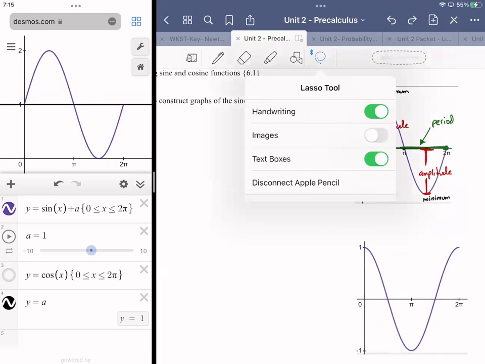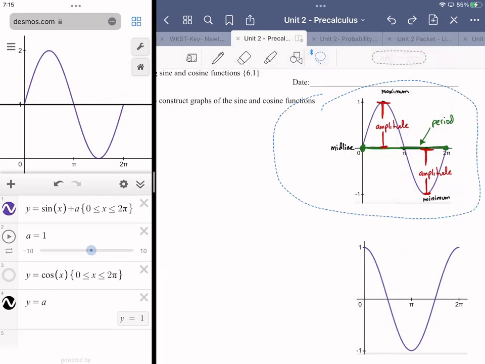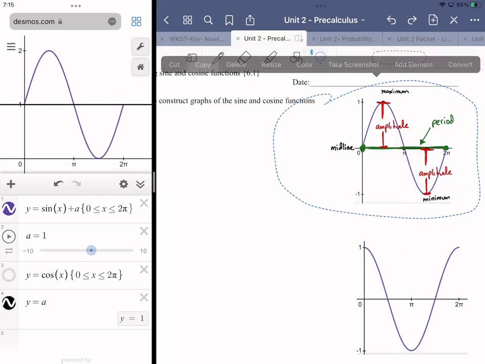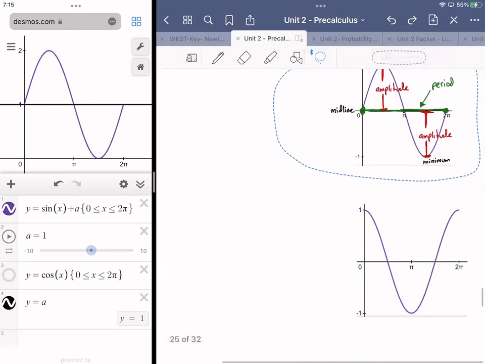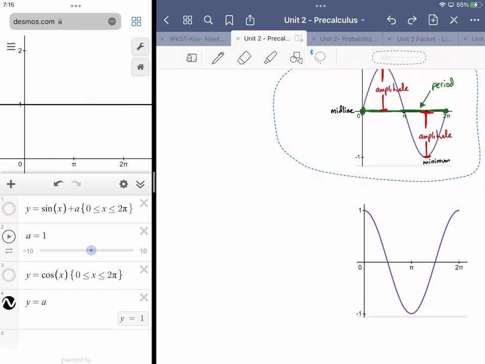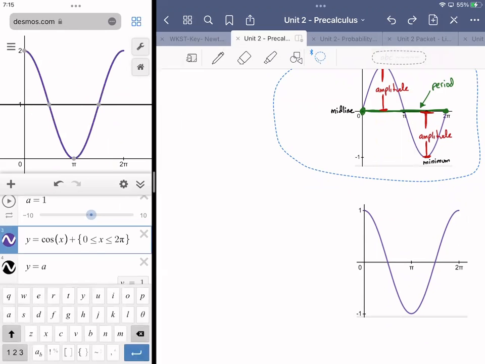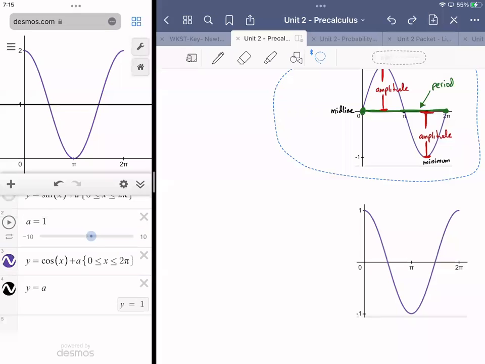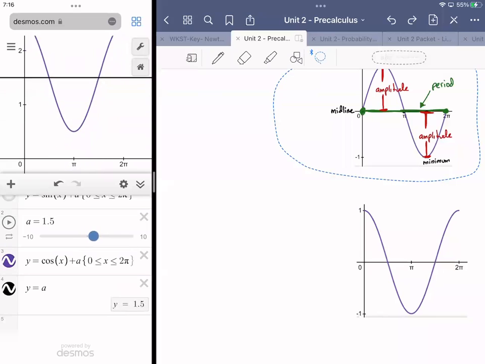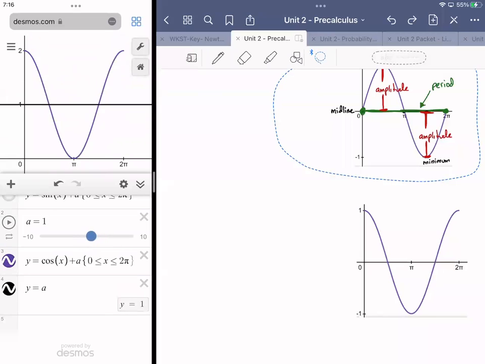Right? So let me just do a copy paste here. We talk about the cosine wave. Just put in the plus A here. Same idea with the midline. As the graph goes, the midline follows.